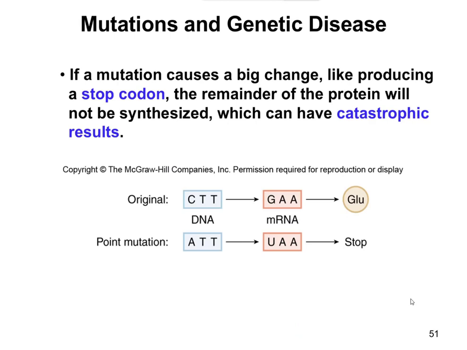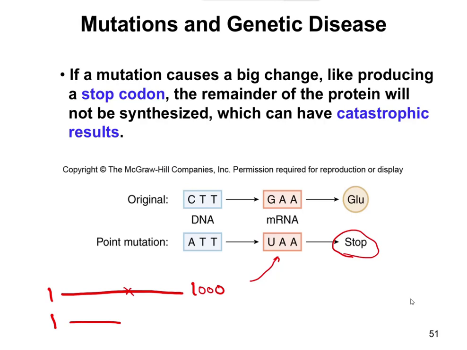Another type of mutation that can cause a really big change is if you introduce a premature stop codon. In this case, the mutation basically introduces a stop codon. So now imagine if your protein is supposed to go from amino acid 1 to 1,000, but now you have a mutation that occurs kind of in the middle where that mutation introduces a stop codon.